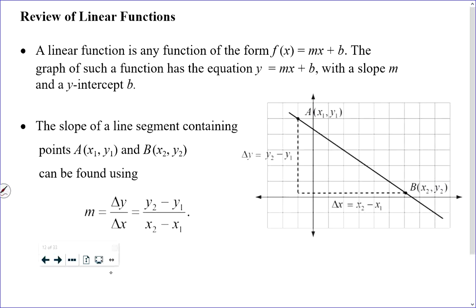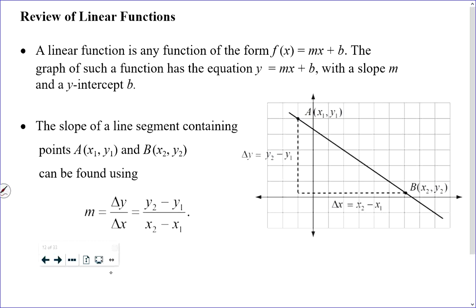I do have a triangle on here to connect y2, y1, x2, x1 to delta y and delta x, but the bottom line here is if you take the y coordinate minus the y coordinate, you get the rise. If you take the x coordinate minus the x coordinate, you get the run. I think you know this, but I will just tell you.